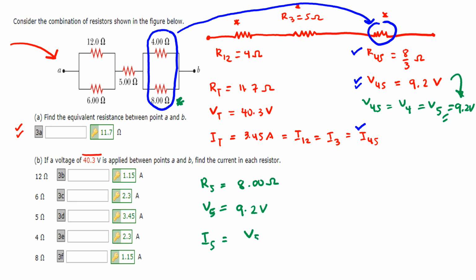So I5 is equal to V5 over R5, which is 9.2 volts divided by 8 ohms, and that would be equal to 1.15 amperes, which is this answer over here.